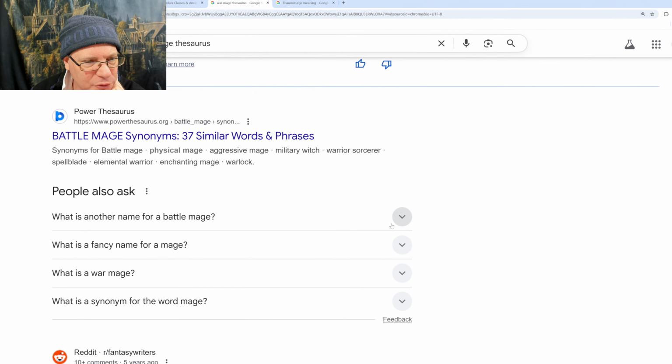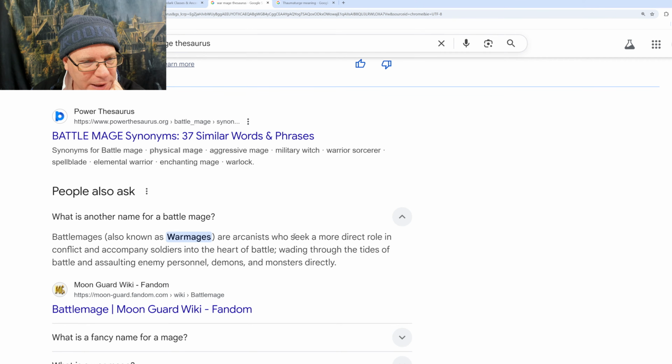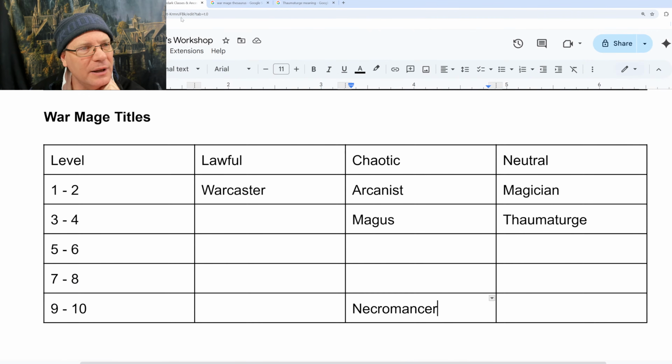And then going down, war mages, demons, personal, and so on. Battle mage, I can see battle mage being a name we could get away with. Battle mage is definitely on the cards. So warcaster, battle mage.